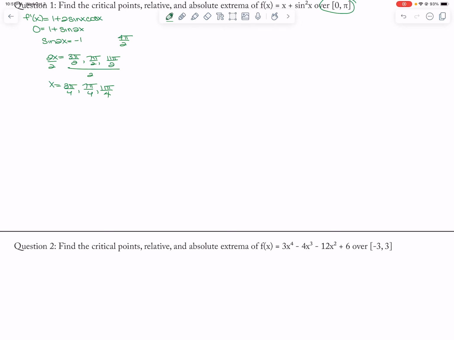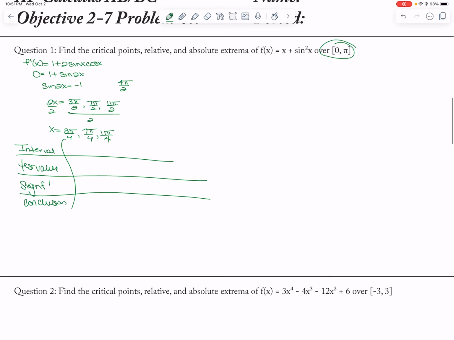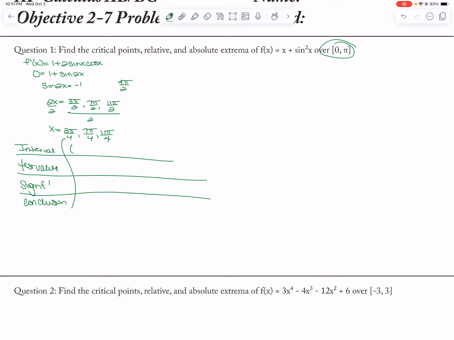So now I'm going to do interval, test value, sign of f prime of x, and then conclusion. So I'm going to go from 0 to pi. So I'm going from, not parentheses, 0 to 3 pi over 4, and then from 3 pi over 4 to pi.